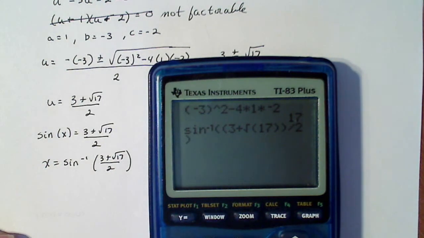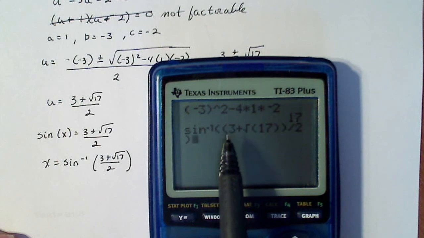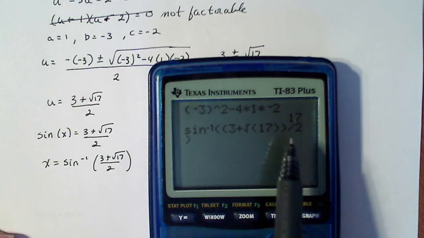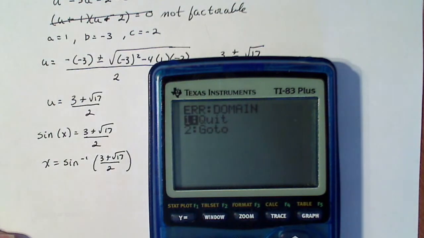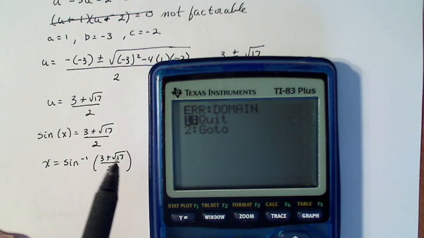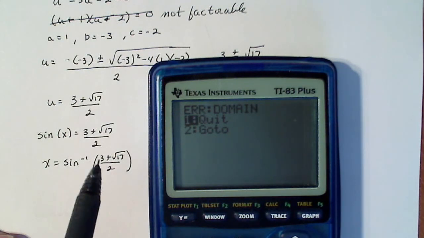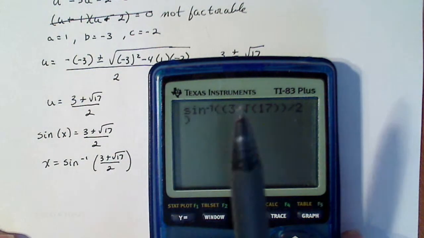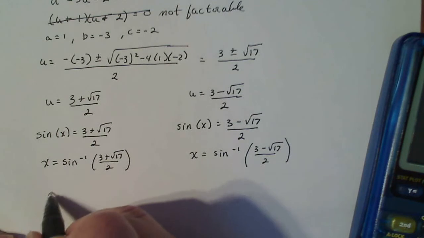Note how many parentheses I have there. I have parentheses around that whole top portion, which is important in order for this to work right. Oh, and I get a domain error, which basically means that there's no solution to this particular one because this number is too big. Remember, it has to be between minus 1 and 1. So I will say there's no solution for this one.